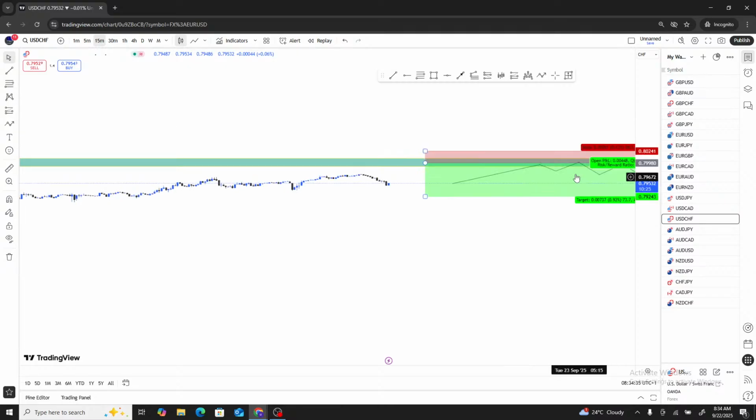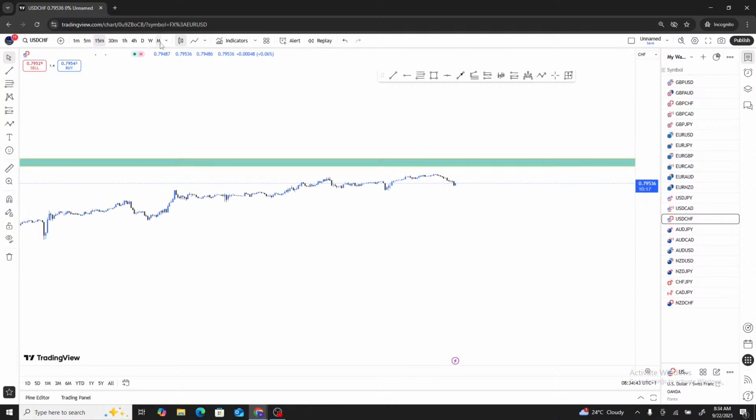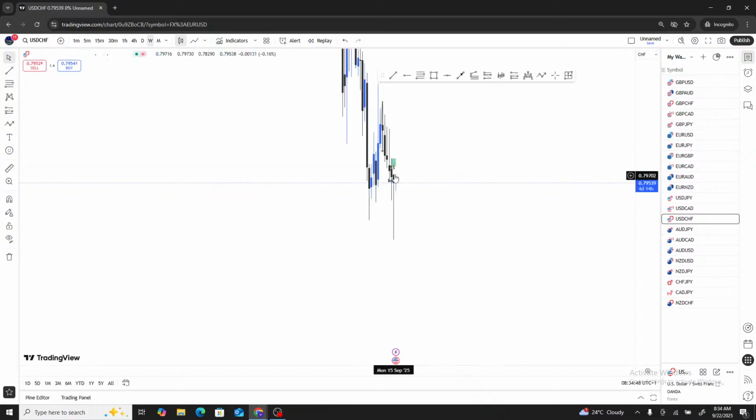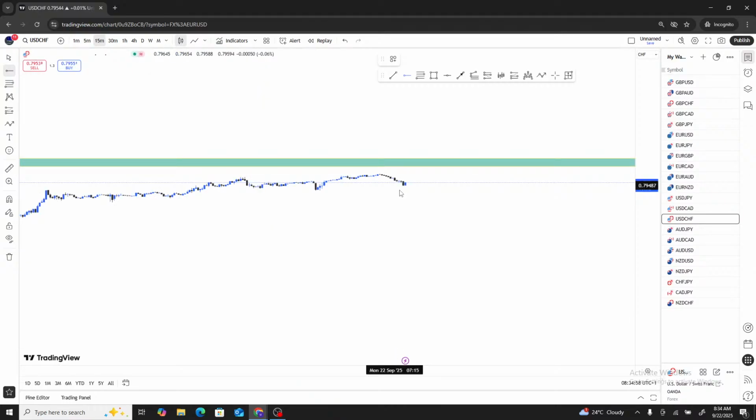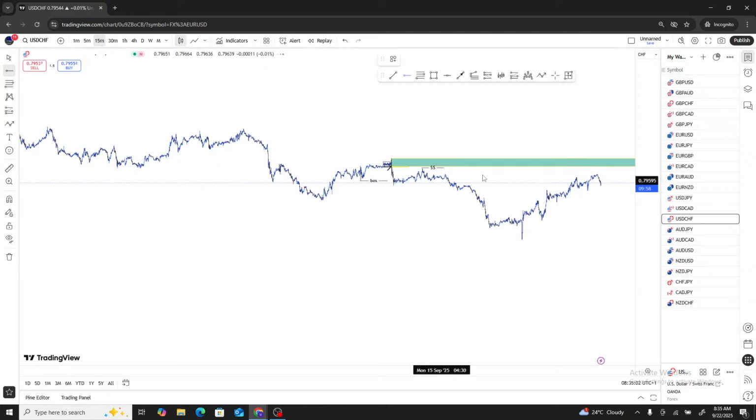Let me take this off. Our levels from last week, let's see here, is going to be the liquidity trade. So we look forward to see price taking out and tapping into this other block, and we will take this trade to the downside.